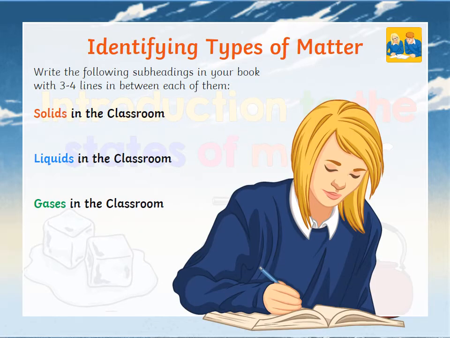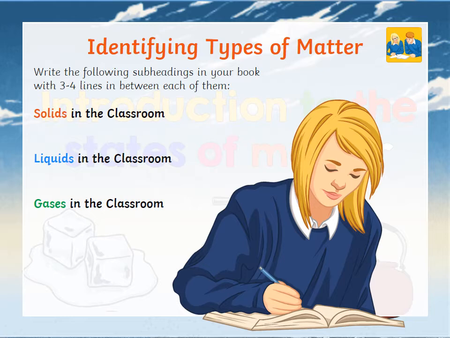Now that you have some knowledge of what the 3 states of matter are, pause the video and get a piece of paper, and you're going to have 3 subtopics: solids in the classroom, liquids in the classroom, and gases in the classroom.